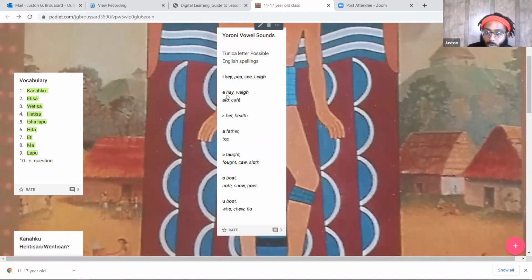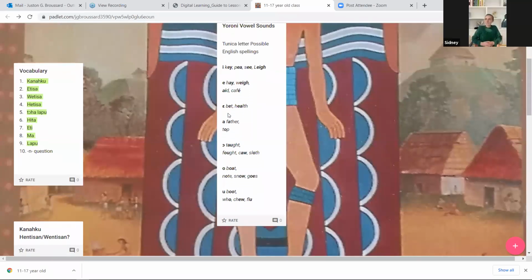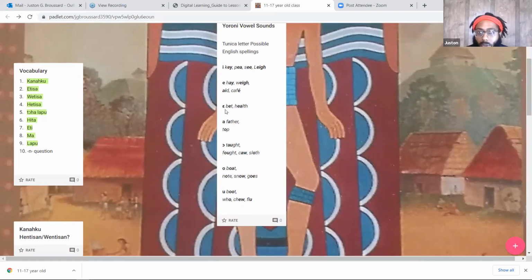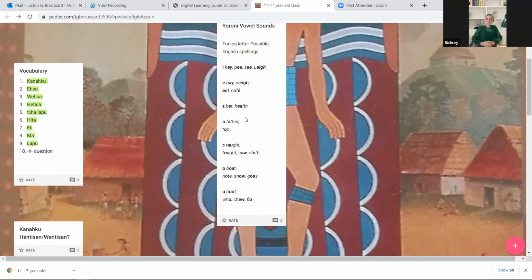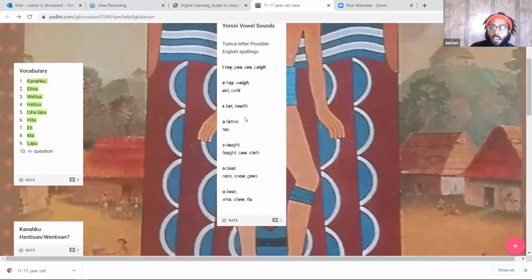Or E, as we say in English, would be pronounced as in hey or way. Or the epsilon E, is pronounced as in bet and health. We sort of have a smile when we pronounce the epsilon E, so that we can pronounce it the right way when the air comes through our mouths.